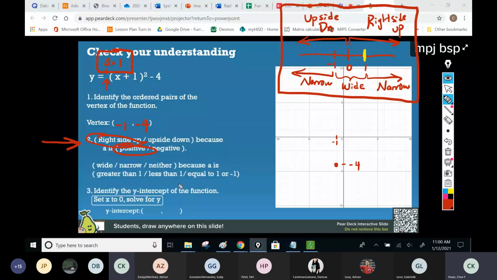And then it is in between wide and narrow. So it is neither, because A equals 1 or -1.